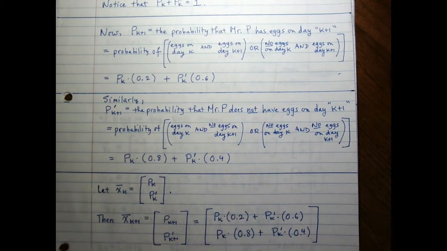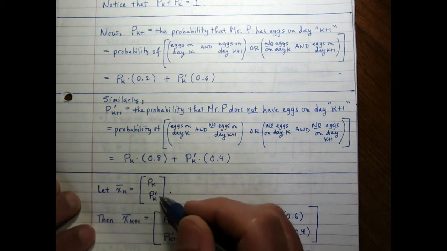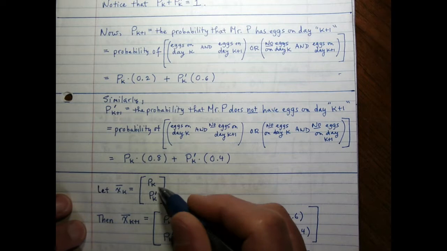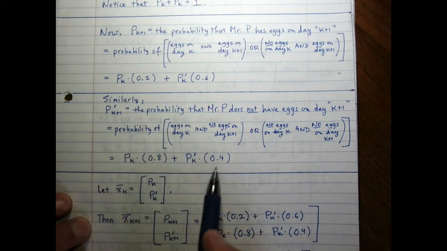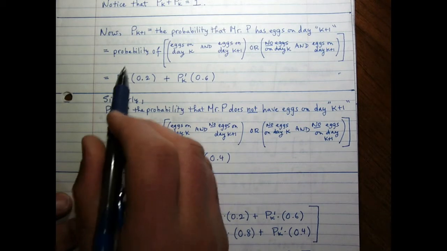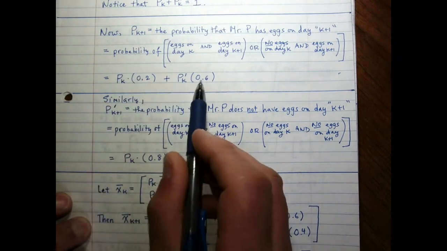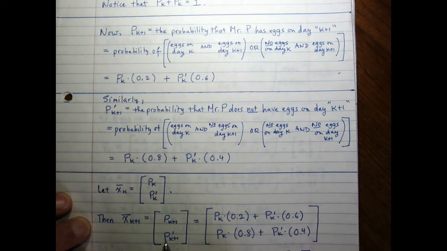Now, what we're going to call x sub k is a probability vector, p sub k and p sub k prime. And x sub k plus 1 will be p sub k plus 1 over p prime sub k plus 1. So x sub k plus 1 can be written, now I'm going to use these expressions from up above. P sub k plus 1 is this stuff.